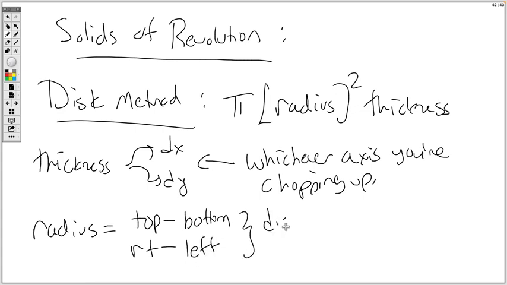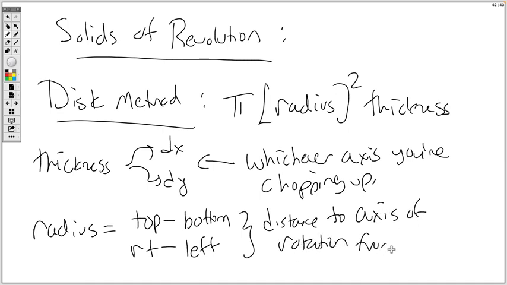This is the distance to the axis of rotation from the curve. You're always going disk method, just like in the polar areas we talked about on Monday. Polar areas always go from the origin out to the curve. The radius for the disk method always goes from the axis of rotation out to the curve.